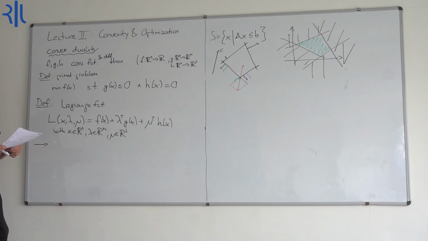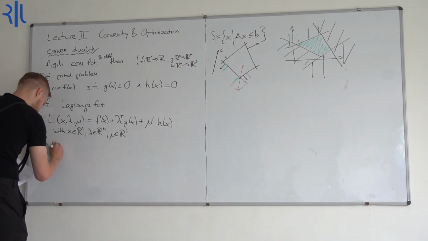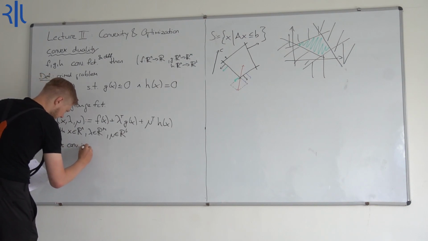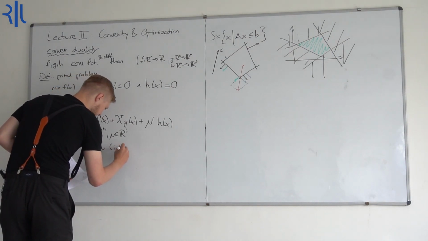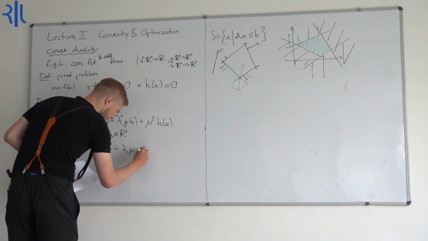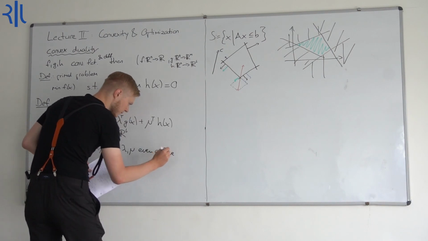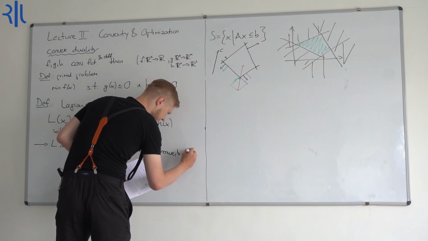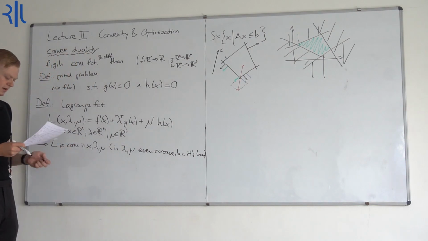And it is convex and concave in mu and lambda, because it's linear in lambda and mu.